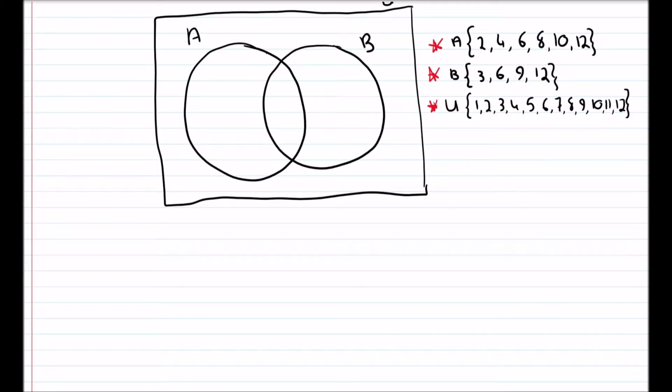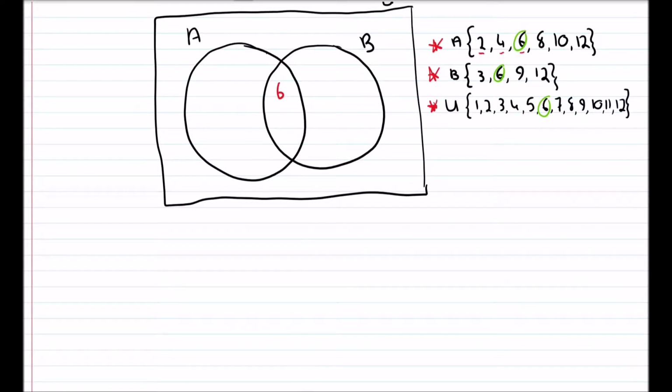So how I do that is I look for anything that's common to all three sets. Is 2 common to all three? No, it's in A, it's in U, but it's not in B. Is 4 common to all three sets? No. Is 6 common? Yes. 6 is here, it's also here, and it's also here. So I can put that in the middle.